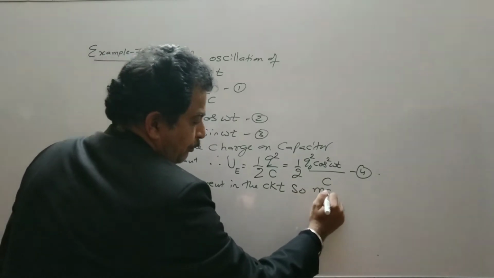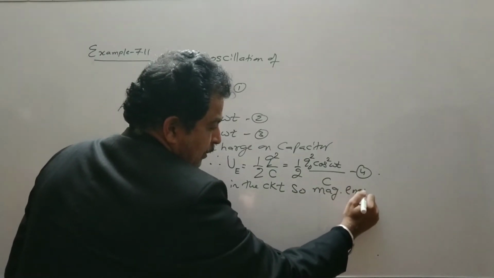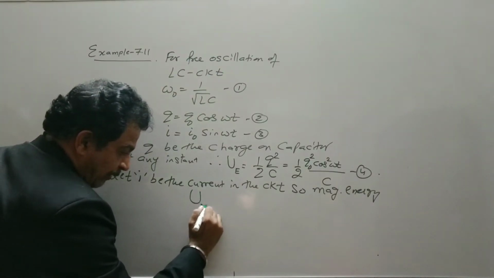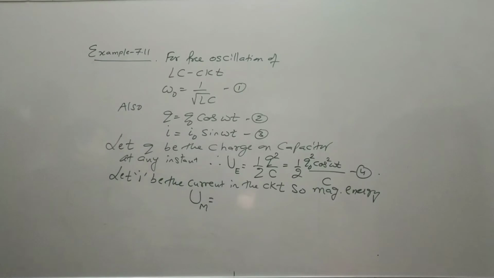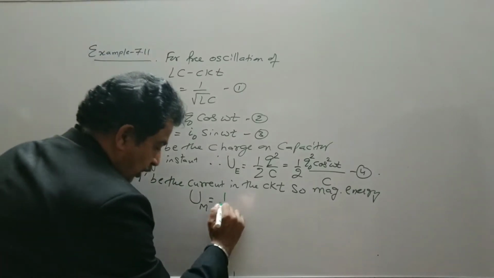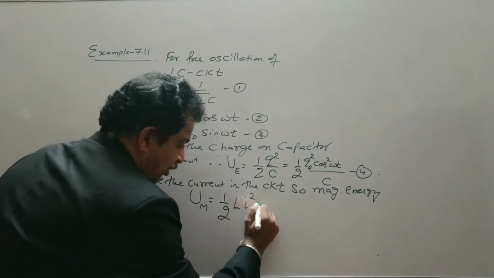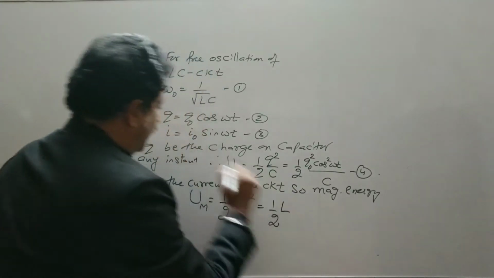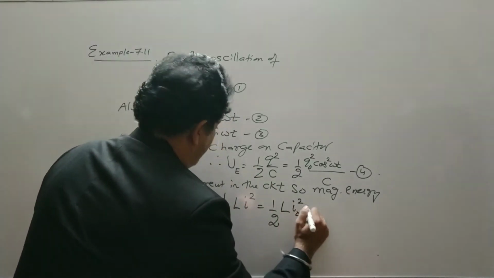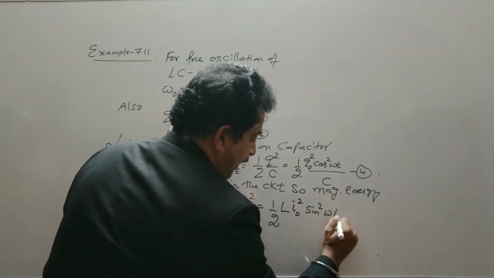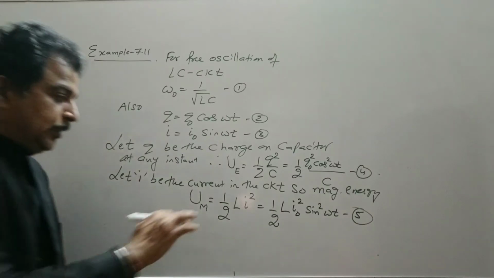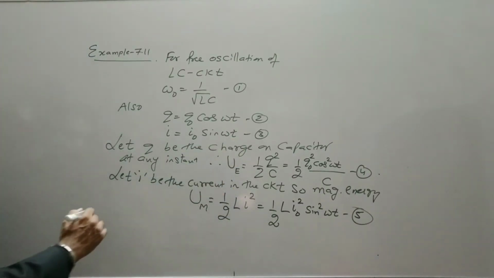So the magnetic energy, U_M, or you can also use the symbol U_B for the magnetic field, is equal to half L I square, that is, half L I naught square sine square omega t. That is equation number 5. Now we have to prove that the sum of these two energies remains constant.